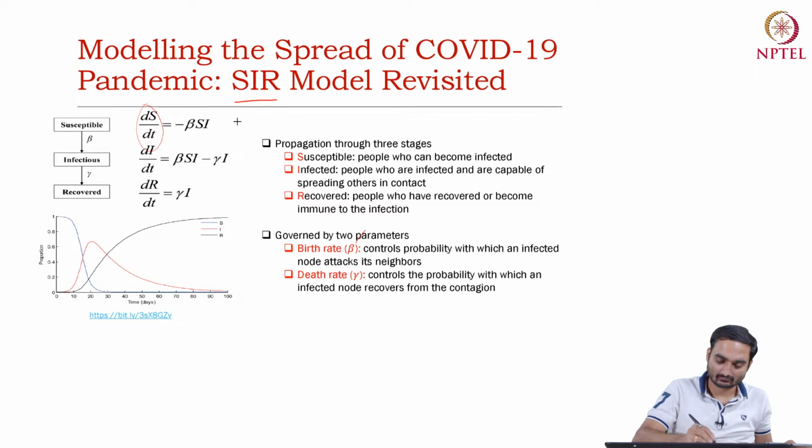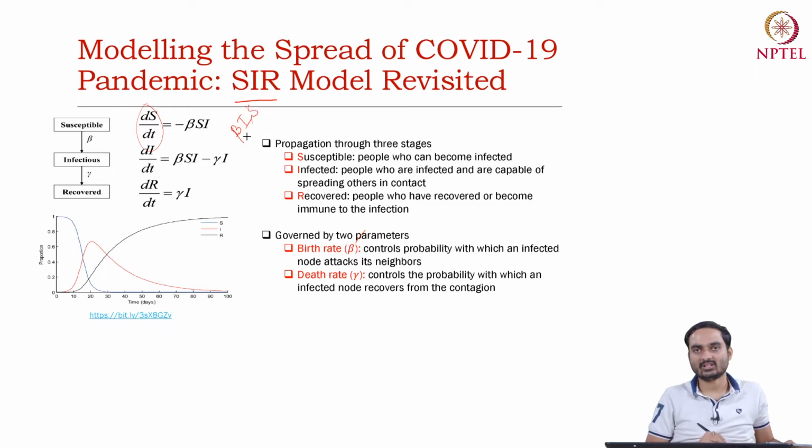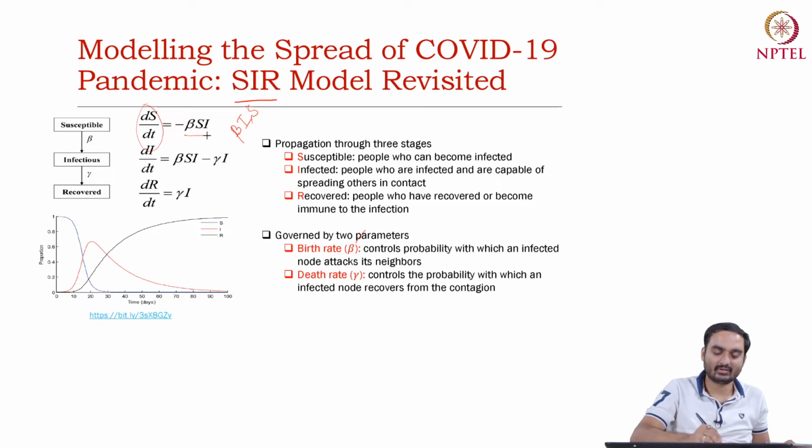So every susceptible user will be infected with this beta into I, where I is the fraction of infected users, and since there is S fraction of susceptible users, this would be the rate of change of the susceptible user population, and this is negative. Why? Because the population decreases.